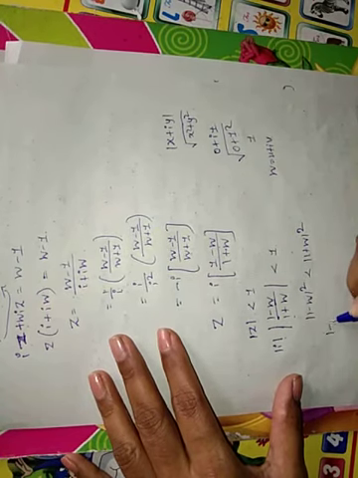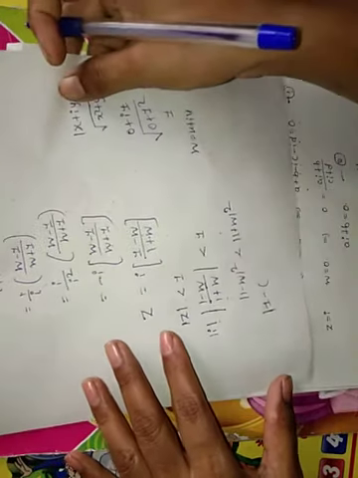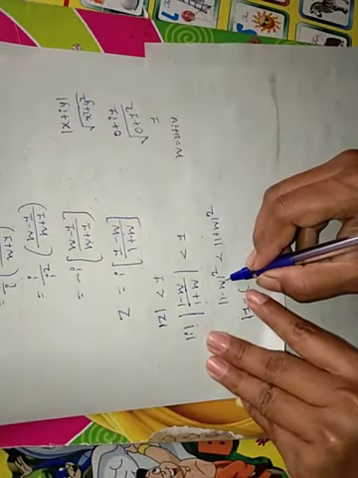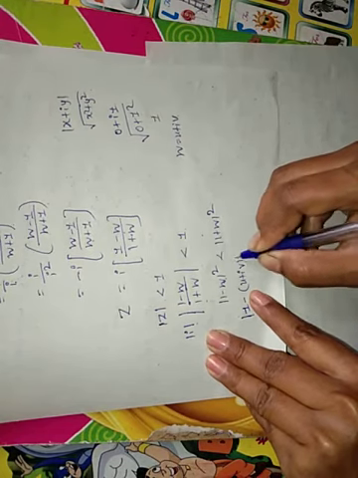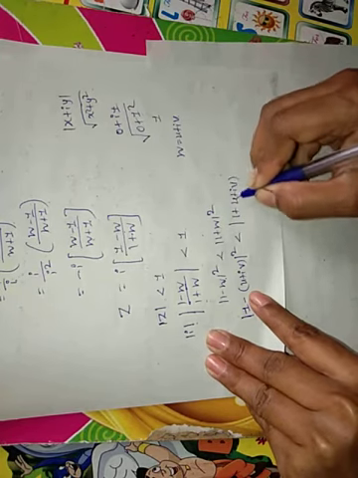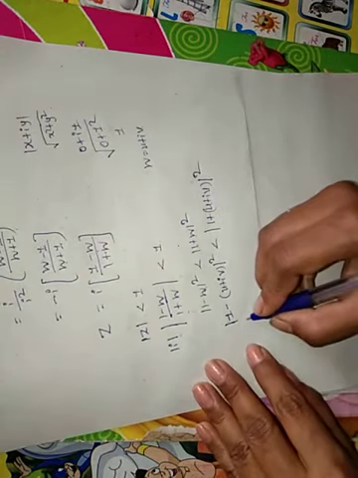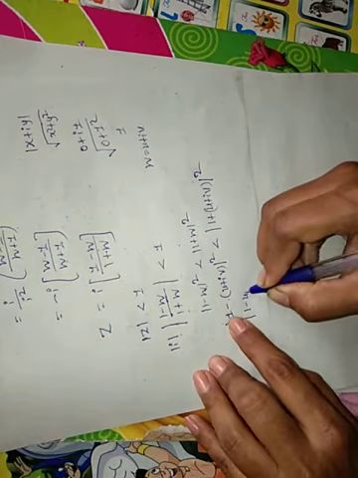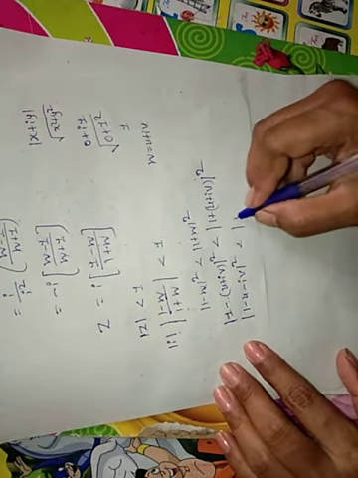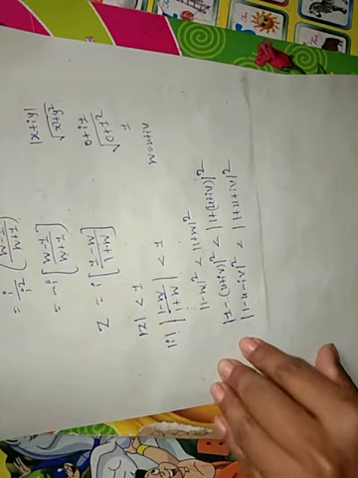Put W here: mod of (1 minus (U plus IV)) whole square less than mod of (1 plus (U plus IV)) whole square. So, I am going to make the simplification here.